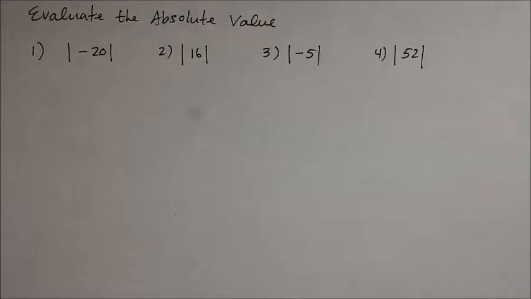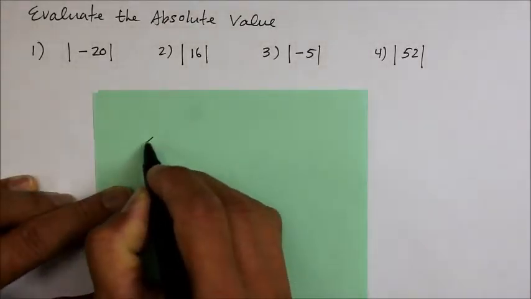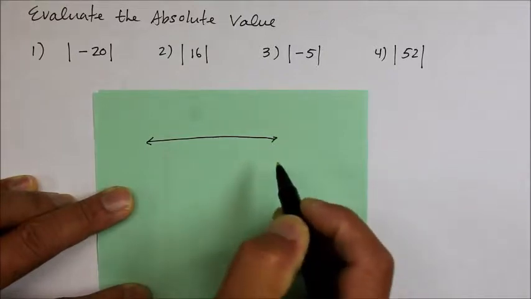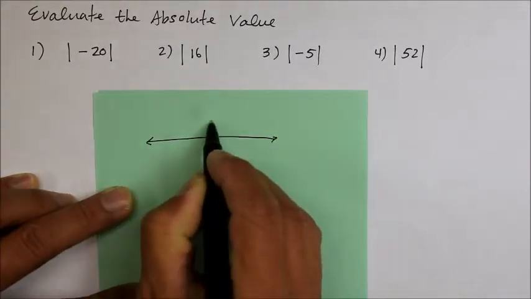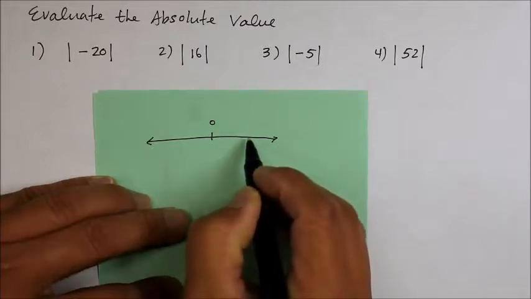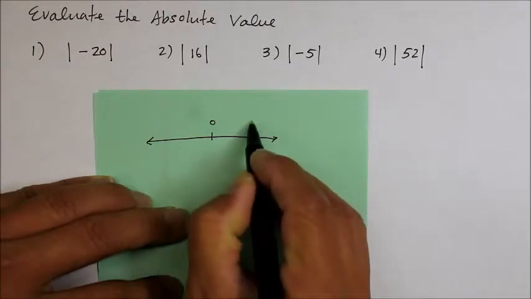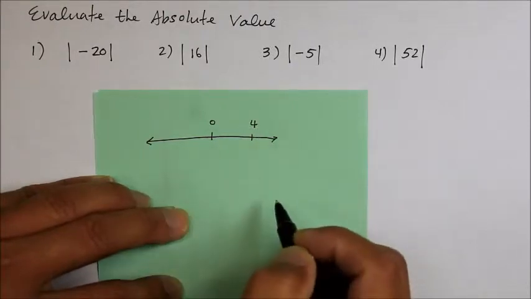Hi, this instructional video is about absolute values, evaluating absolute value expressions. When we talk about absolute value, what we're talking about is, on a number line, the distance from the origin, 0. If I asked, how many units from the 0 will you have positive 4?